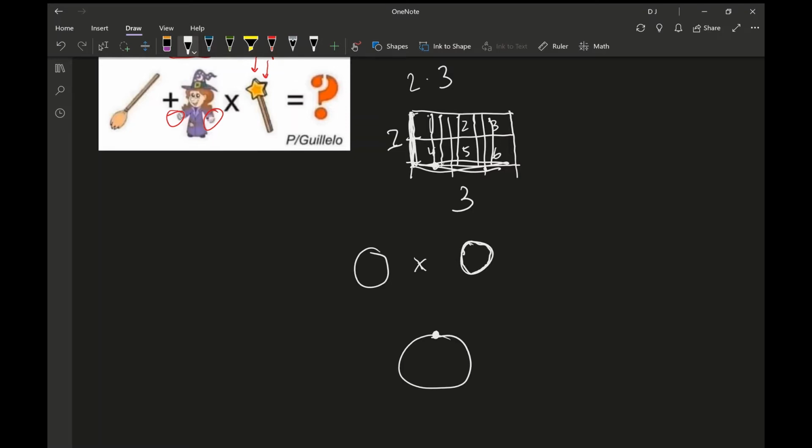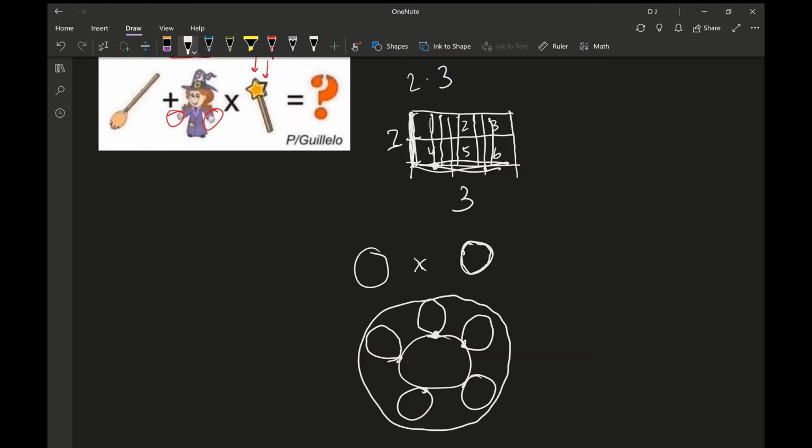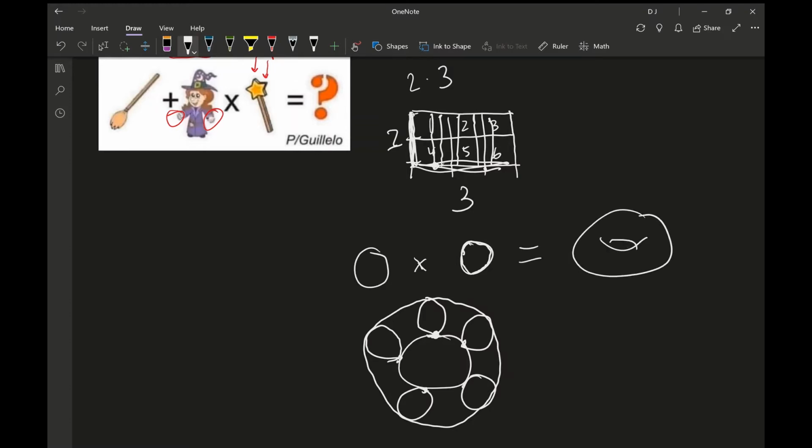So instead of two high, we're drawing another circle. So another circle, another circle, and then connecting all those circles together in one continuous pattern, you're going to get something that I like to study. You get a torus. You get an empty donut. So you could say a circle times a circle is going to equal the surface of a donut.